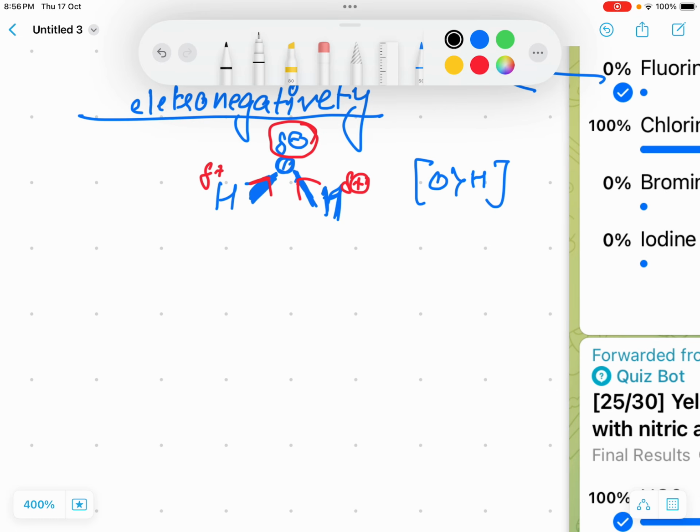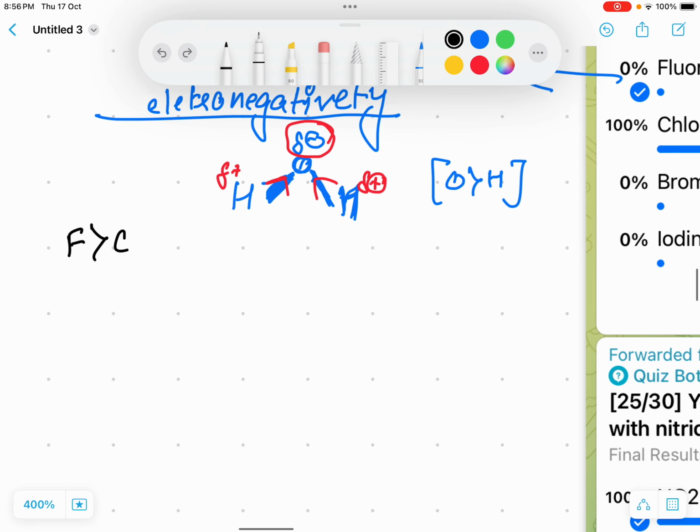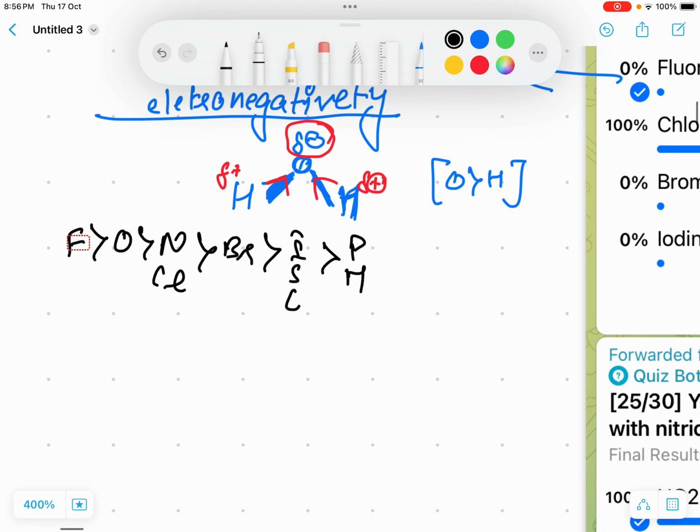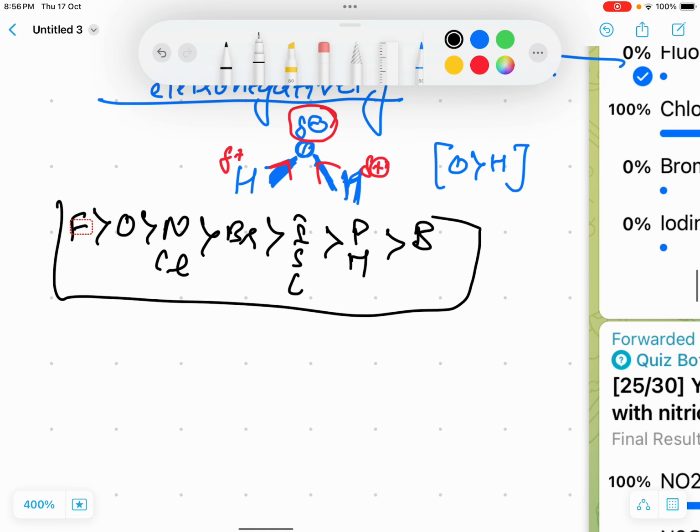If you look at the entire periodic table, the electronegativity trend follows fluorine, then oxygen, then nitrogen and chlorine, which are equivalent, then bromine, then iodine, sulfur, carbon, then phosphorus, hydrogen, and boron.